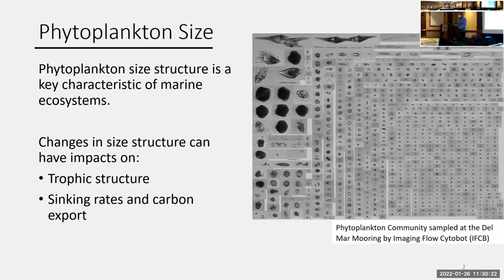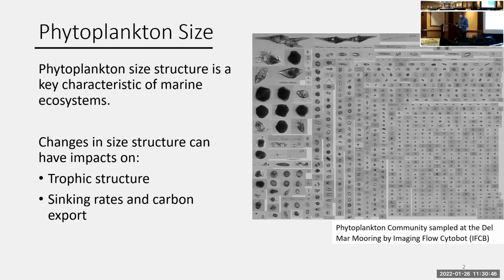Phytoplankton size structure is a key characteristic in marine ecosystems. Changes in the structure can have large impacts on trophic characteristics like trophic structure. A marine community with larger phytoplankton cells will have fewer trophic transfers and will more efficiently transfer energy to higher levels in the food web. It will also have effects on sinking rates and carbon export.